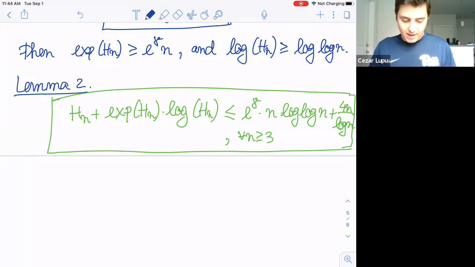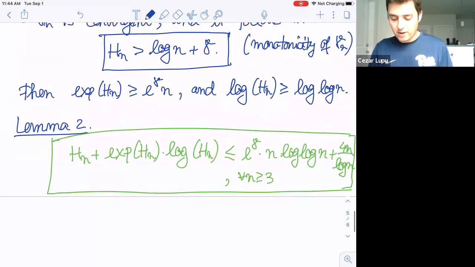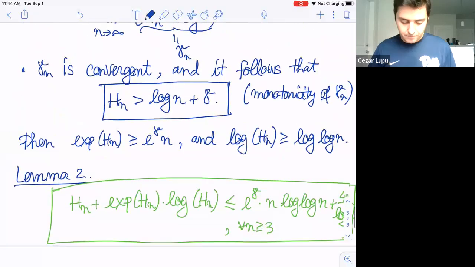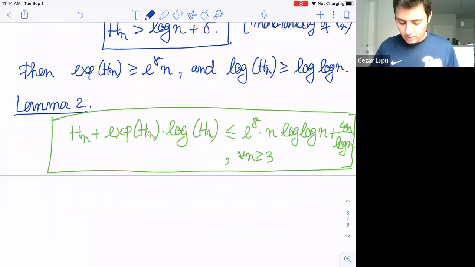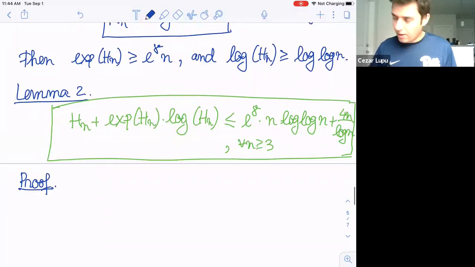Okay. All right. Now, again, what I'm going to do here is just modify a bit the sequence gamma, and I'll do the following. The proof is also quite immediate.